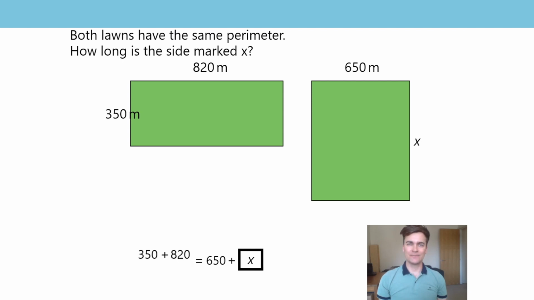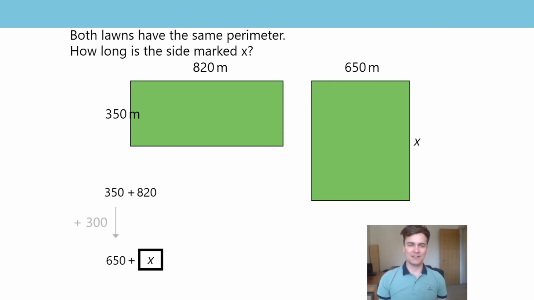Okay, so when I first looked at this, I had a go at looking for any patterns, relationships between the addends of the two expressions, and I noticed an increase of 300 for the first addends.